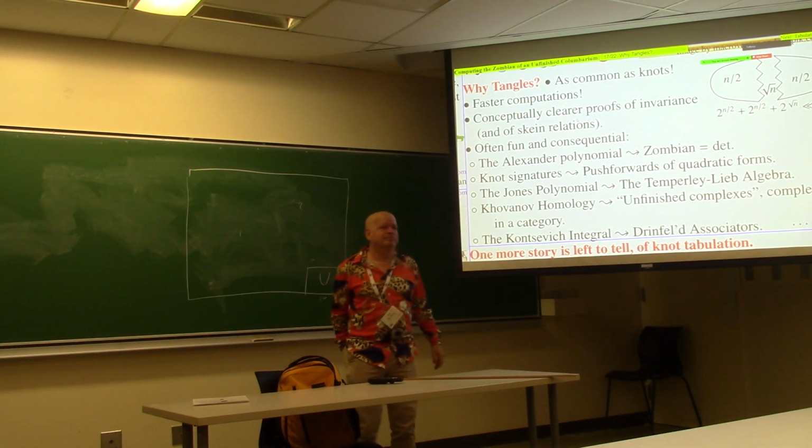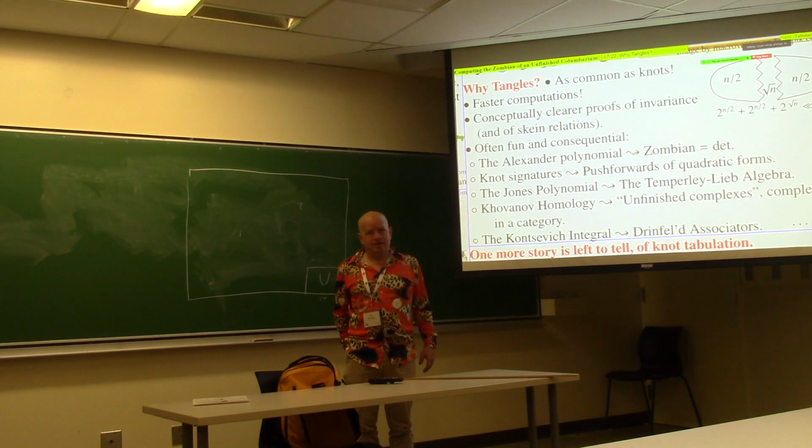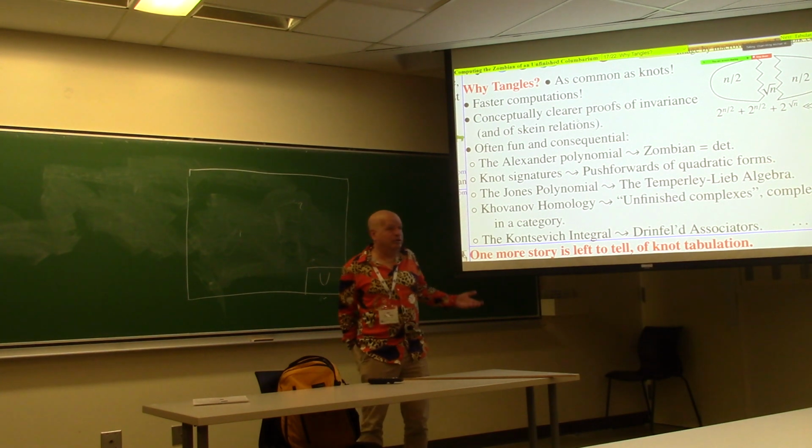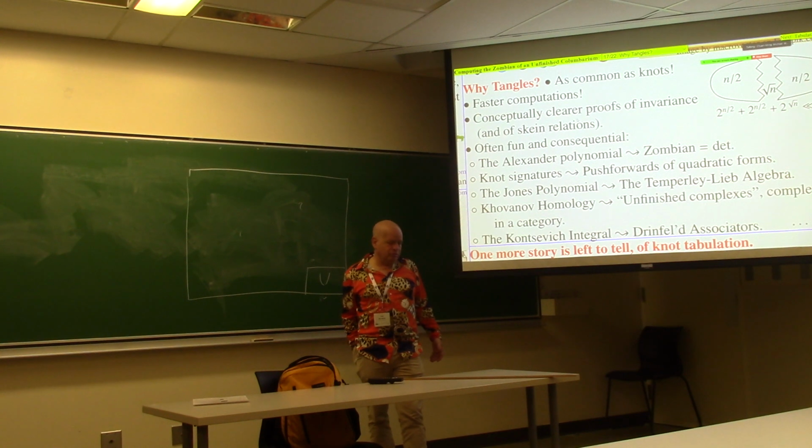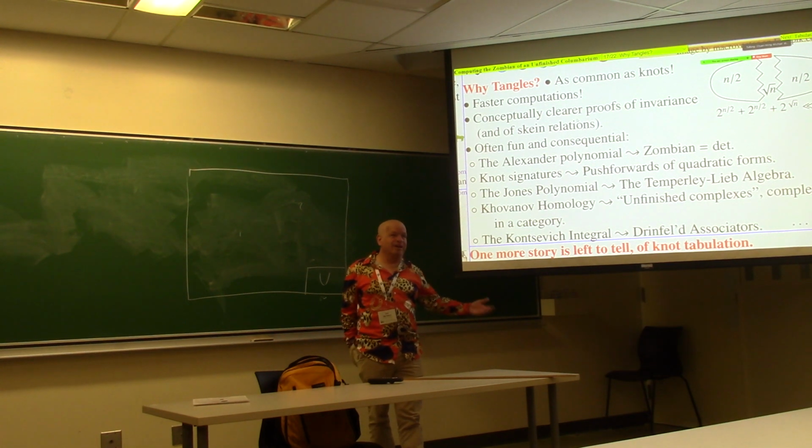Whenever you tabulate knots, it's usually prime knots, right? How simple would you want the tangles to be? Because you can stack them, you can compose them. I don't know how to do tangles, but I think the answer is you want to tabulate non-prime knots and non-prime tangles.